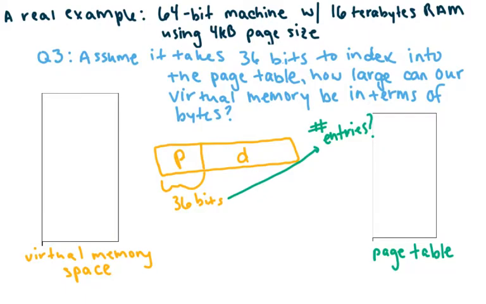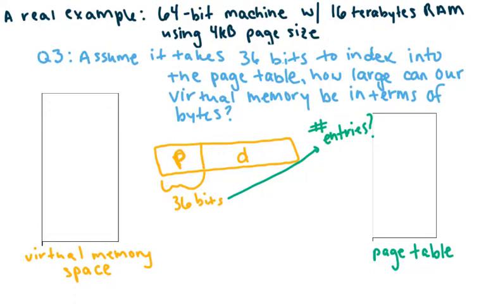All right, so the next question I'll ask is, assume that it takes 36 bits to index into the page table. So that's that P here. How large can our virtual memory be in terms of bytes? All right, so the first question to ask is, how many entries can we have in the page table?